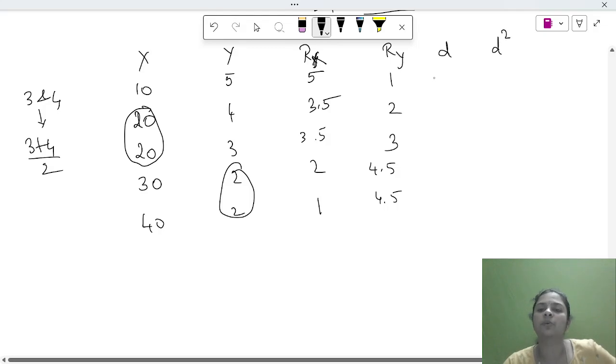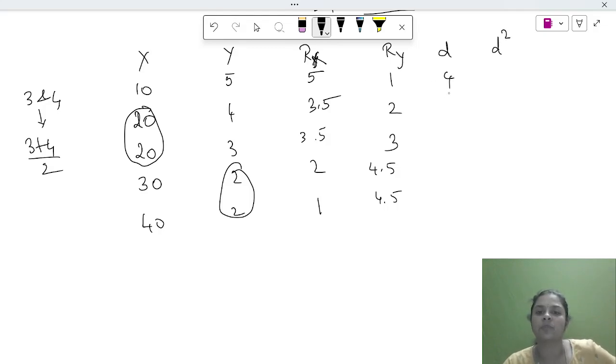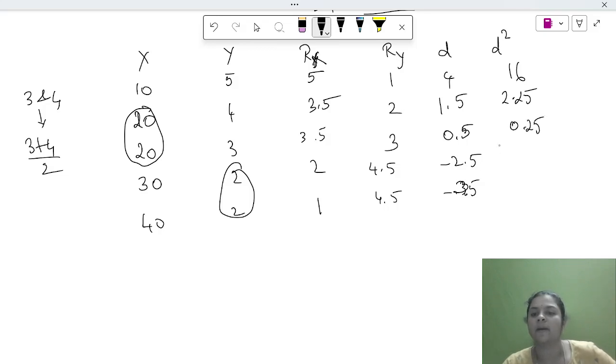Now go ahead and do d and d square. 5 minus 1, 4. 3.5 minus 2 is 1.5. 3.5 minus 3 is 0.5. 2 minus 4.5, minus 2.5, and minus 3.5. So you get 16 and 2.25, 0.25, 6.25, 12.25.